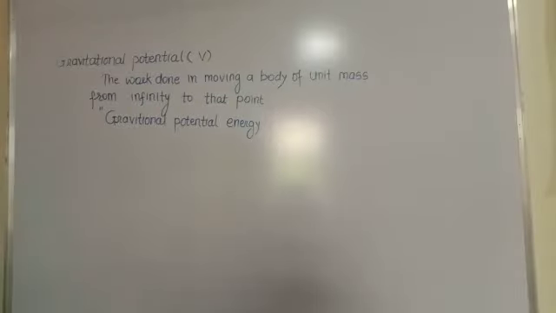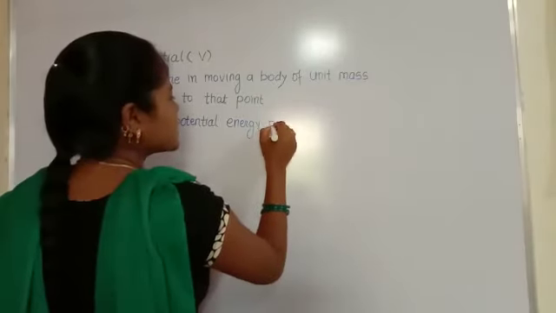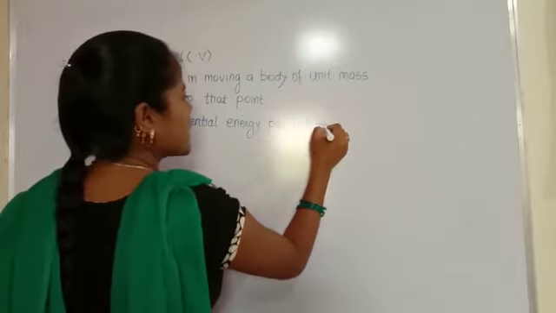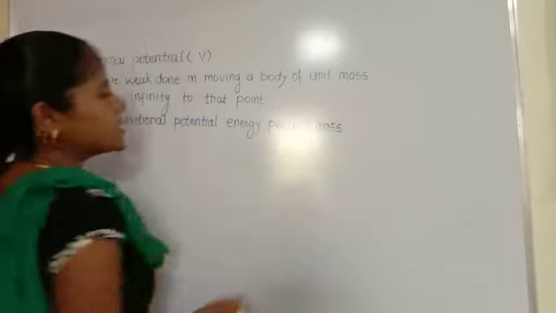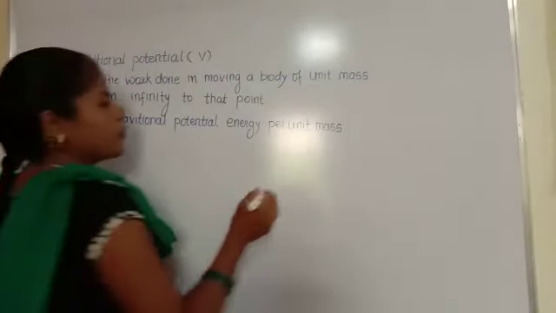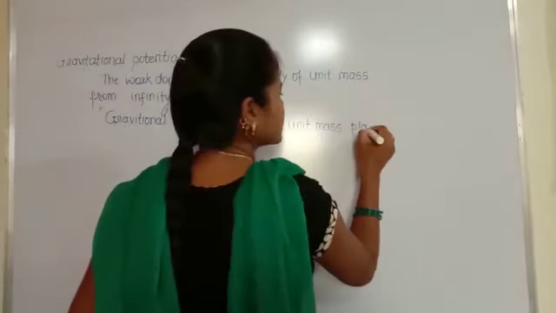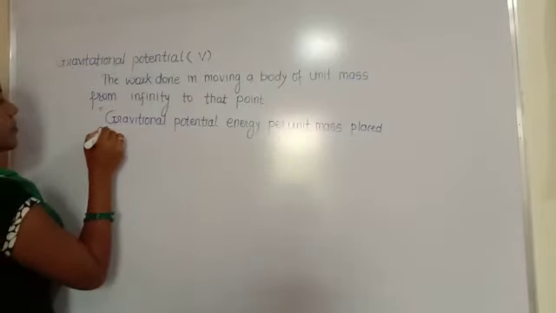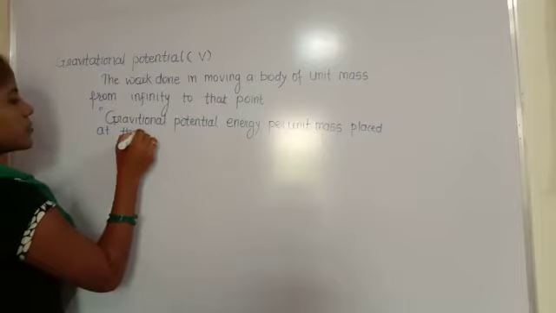Simply, the potential energy per unit mass, means the gravitational potential energy per unit mass placed at that point.